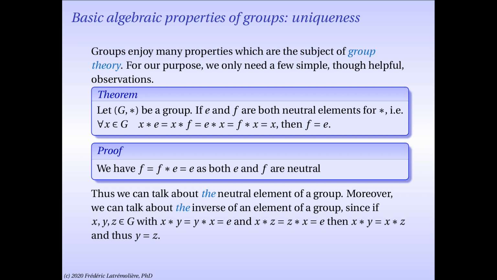And at the same time, x star z equals z star x equals E, so z also acts like an inverse for x. But then note that we have written in particular that x star y is equal to x star z, namely, they both are equal to E. And by the first theorem we have proven, we can conclude that y must be equal to z. So, neutral element is unique, and for each element of the group, its inverse is unique.